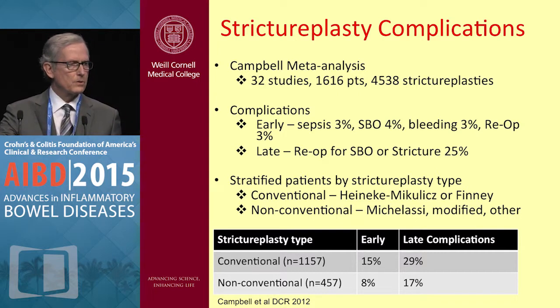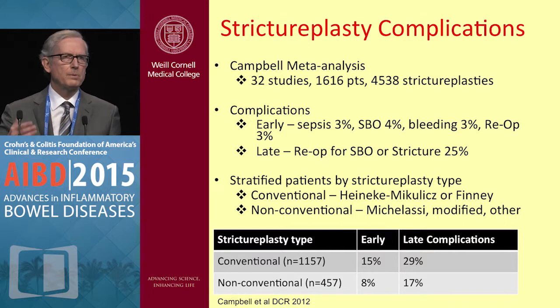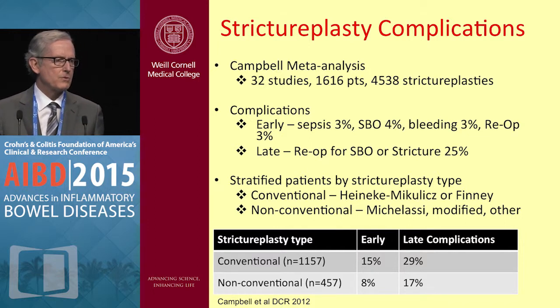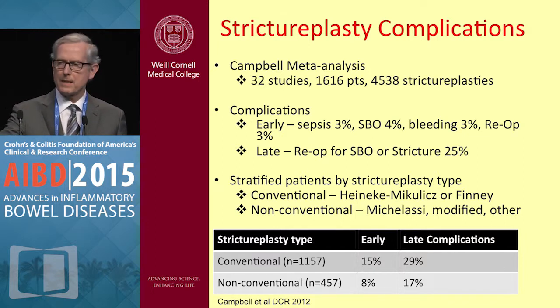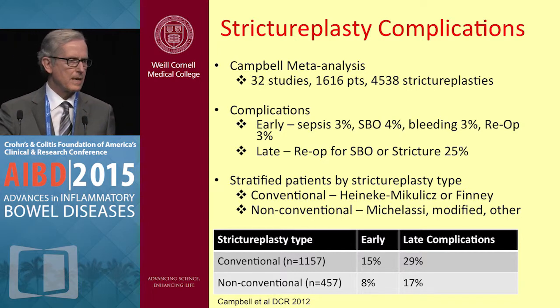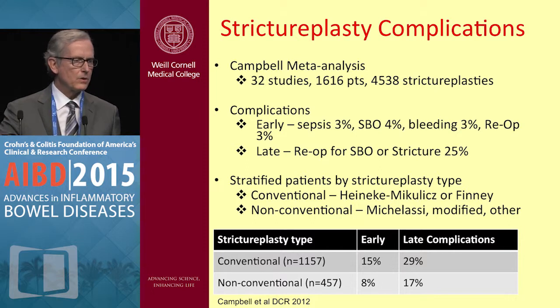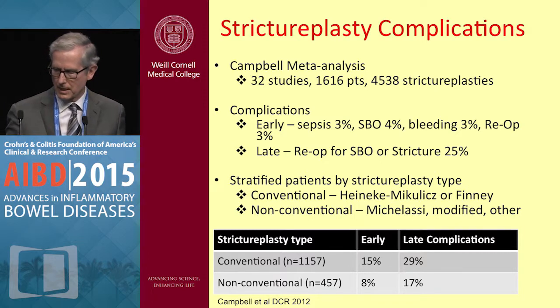Campbell gathered 32 studies with some 1,600 patients and 4,500 stricturoplasties, and looked at complications early and late, stratified the patients by the stricturoplasty type, the conventional, the Heineke-Mikulicz, or Finney, the non-conventional, the Michelassi, or modifications of the same. And we were very gratified to see that even a non-conventional stricturoplasty had a very low early and late complication rate.